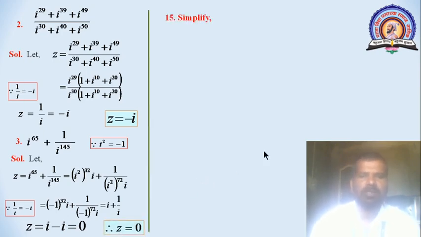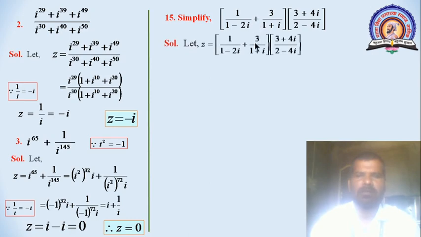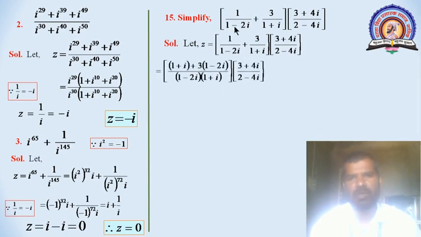The next example is: simplify (1 upon 1 minus 2i plus 3 upon 1 plus i) into (3 plus 4i upon 2 minus 4i). Now for the first bracket we will simply cross multiply. We will get 1 into (1 plus i) plus 3 into (1 minus 2i) upon (1 minus 2i) into (1 plus i), and we keep the second bracket as it is.